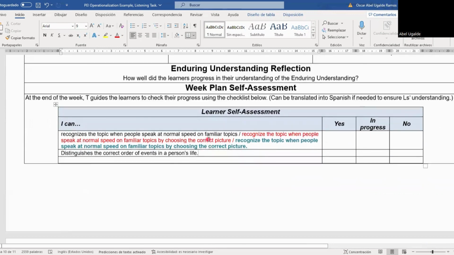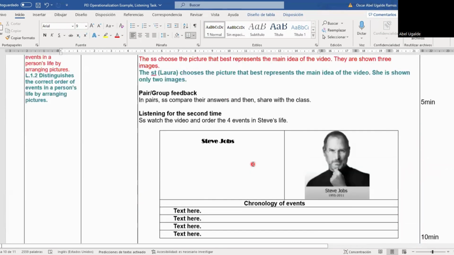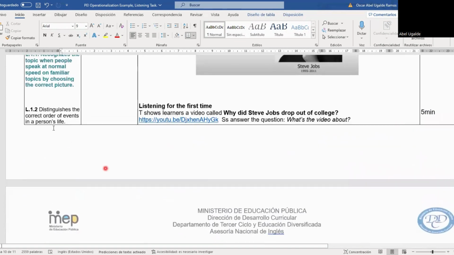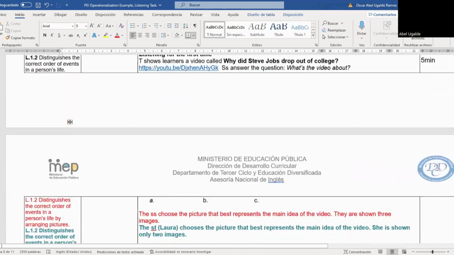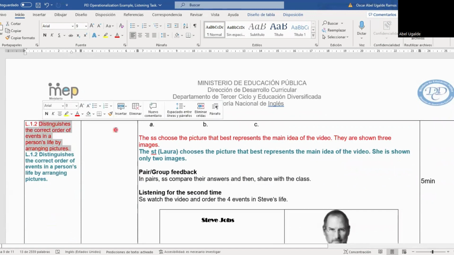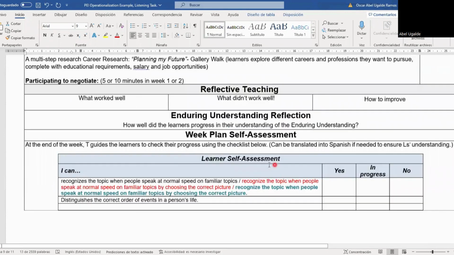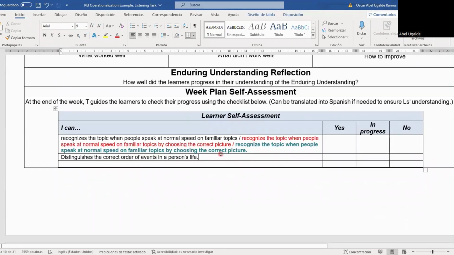And here, again, I left this part undone so we can do it together. If you notice, the indicator for the group is distinguishes the correct order of events in a person's life. The one for them is the same, but by arranging pictures. So I can just take it here, copy, Control C, and I use a slash.